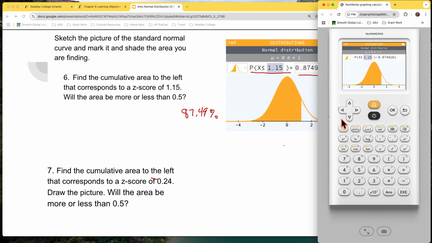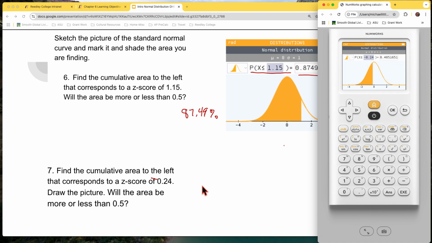And since it's below the mean, do you think that this area is going to be 50% or less? This should help you get a fairly good intuitive feel, right? It's below the mean, so it's less than 50%. In fact, it's only 40%, just moving that little bit away from the mean.